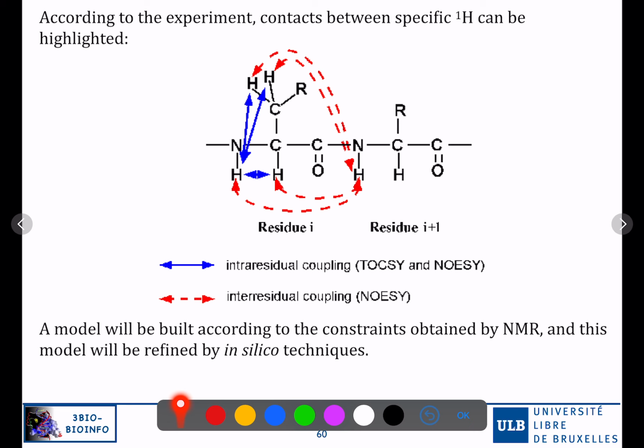Some information that is important for that: you have to keep in mind that here you take this spectrum on proteins that are in solution. And so you have to keep in mind that all these proteins in solution, they are not rigid. They present a certain degree of flexibility.